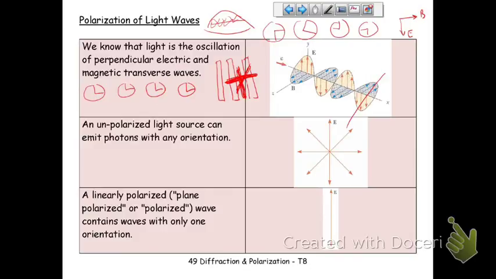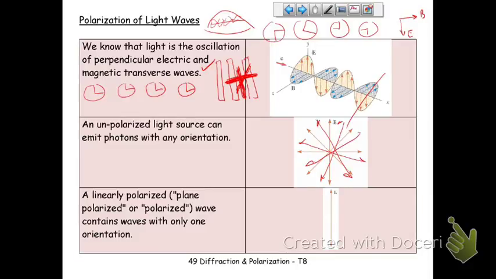Okay, so we know that light is the oscillation of perpendicular electric and magnetic transverse waves. An unpolarized light source can emit photons with any orientation. I'm just drawing the electric fields here. If you look at all of them, they'll be all over the place, everything you can imagine.